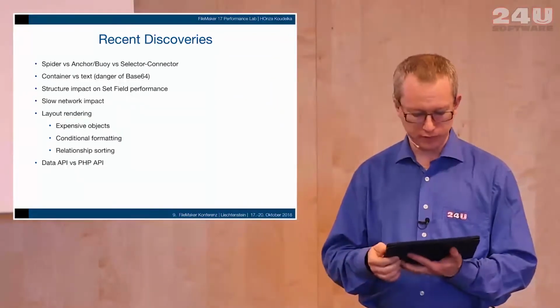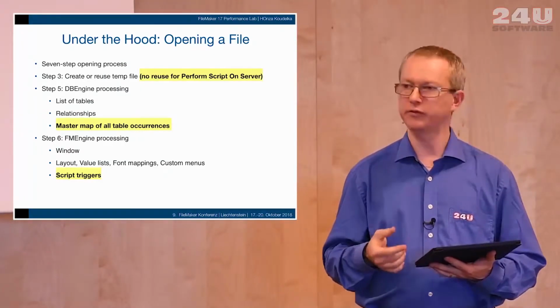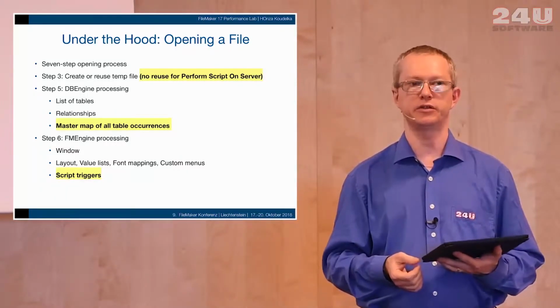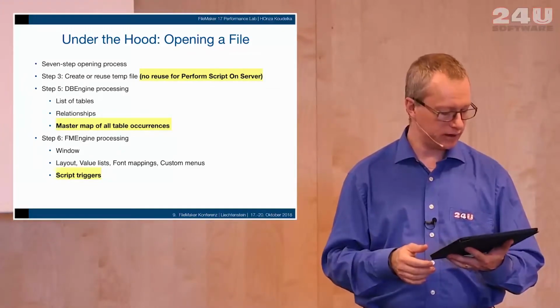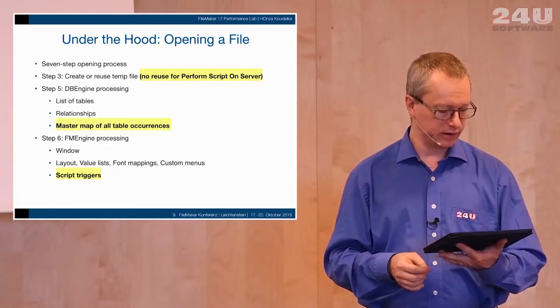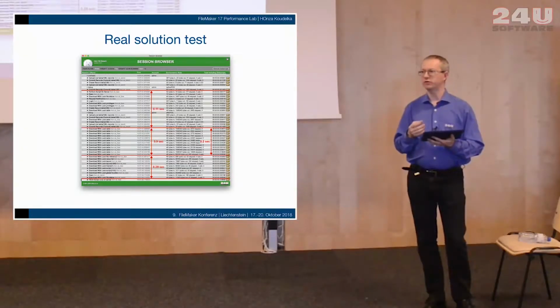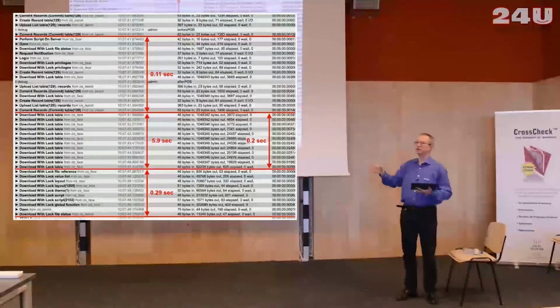Let me move forward to the recent discoveries. One of the things that depends on the file database structure is a step that Clay explained as creating the master map of table occurrences. In our case, when we were working on our solution, FileMaker Pro asked the server, give me the database structure.